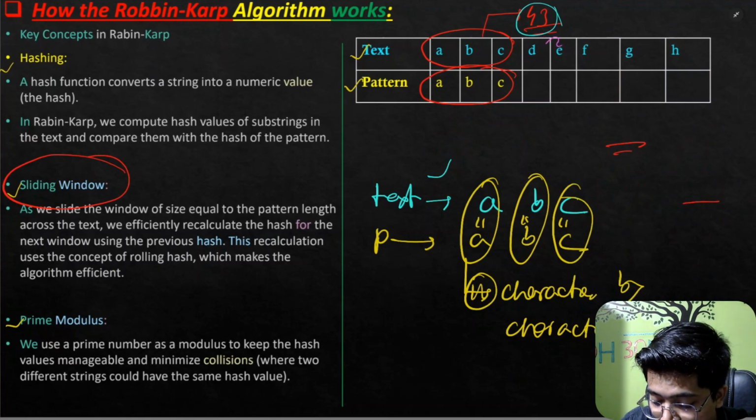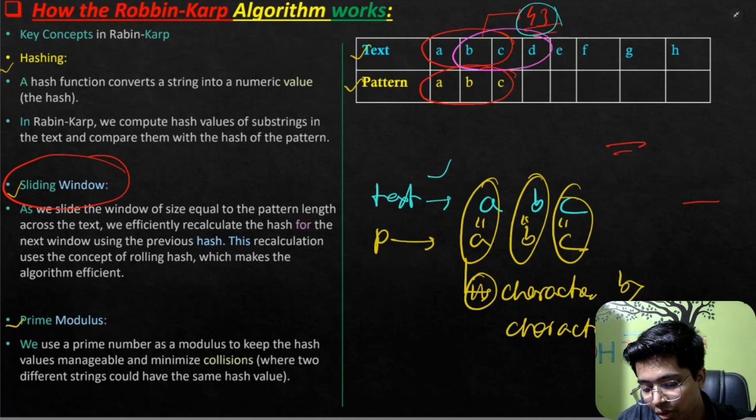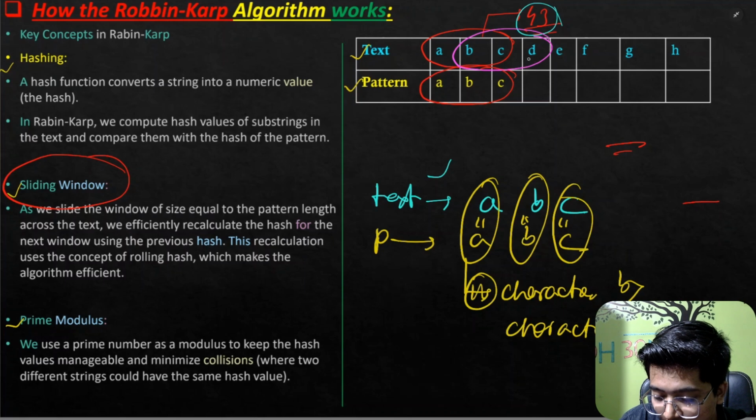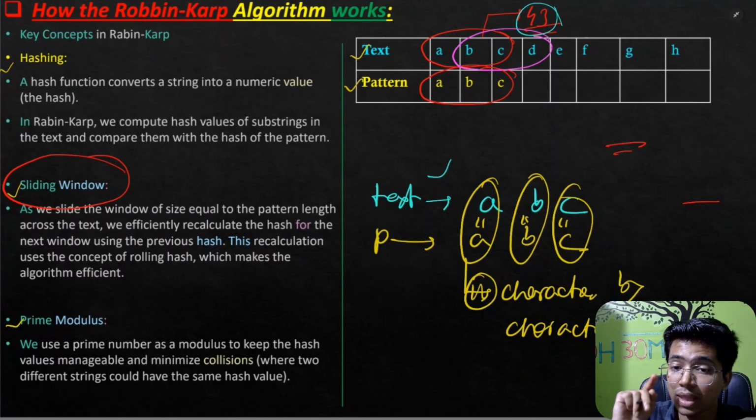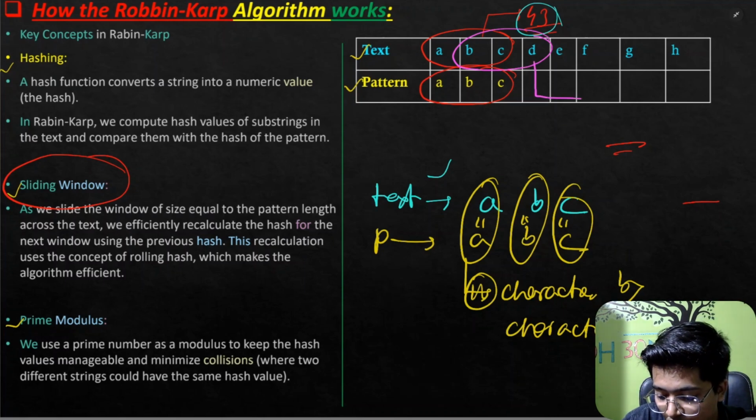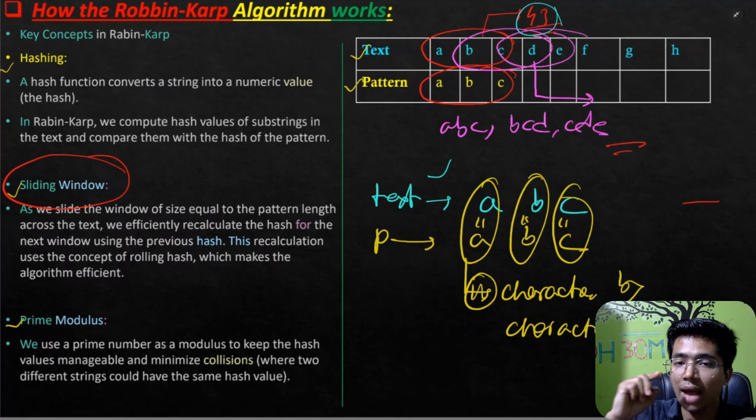Now when it comes to BCD, we calculate the hash only for this section. That means when we calculate the hash for the second substring, we calculate the hash of BCD. First we have calculated the hash for ABC. After ABC we will be calculating the hash for BCD. After BCD we will be calculating the hash for CDE. But here we use rolling hash.